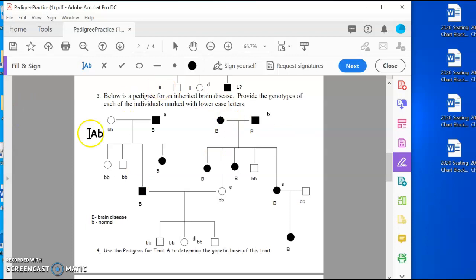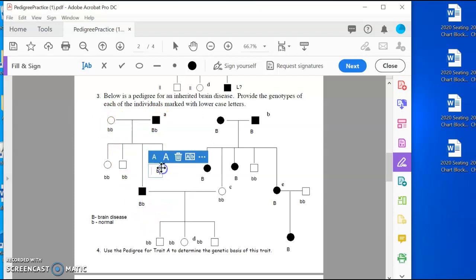So now we're going to try to figure out some of these people, especially these ones they said with the letters next to them. So let's look at this dad right now. So this dad has 4 kids, but 2 of them have little b's. One came from mom, the other one had to come from, you guessed it, dad. Now these 2 kids, they got their big B from dad. What did they have to get from mom? Little b's, right?